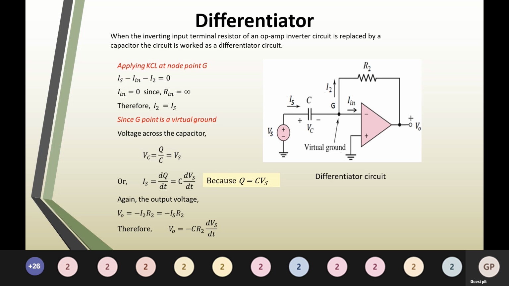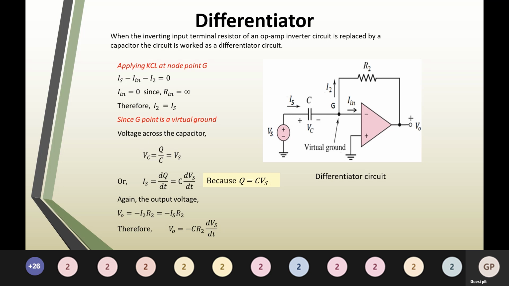Same concept: the output voltage will be equal to the current into the resistance value. This current flows in this direction, and therefore the voltage across the resistor is I2 R2, and the output voltage is negative of this, because the current flows this side and we are measuring V0 on the negative side. Therefore V0 is equal to minus I2 into R2, and I2 will be equal to Is, as we said already, since In is equal to 0.